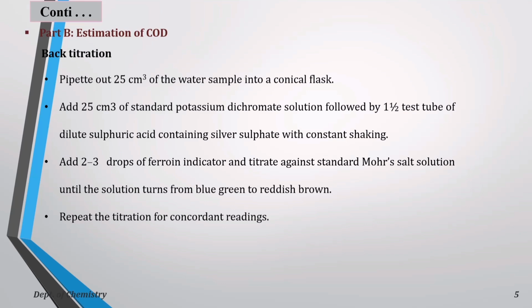Add 2 to 3 drops of ferroin indicator and titrate the mixture against standard Mohr's salt solution taken in the burette until the solution changes from bluish green to reddish brown. Repeat the same titration to get 2 more concordant readings.